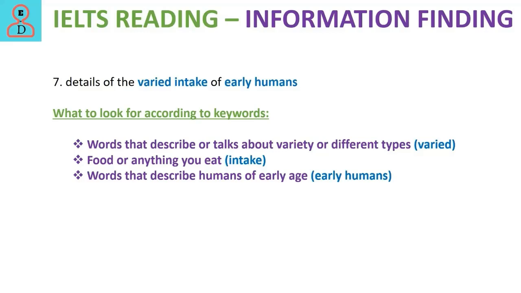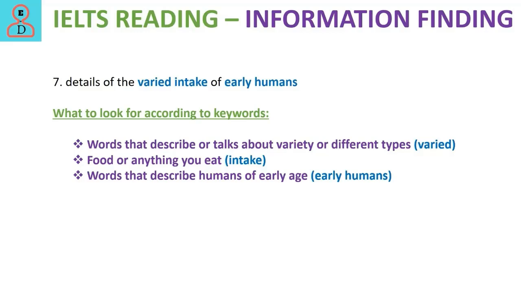So now we have figured out what we have to look for in each statement to locate the right paragraph. And remember what we said in the beginning, that you have to remember some of the keywords, if not all, so that you can recognize the right paragraph immediately, which we called the retention technique.